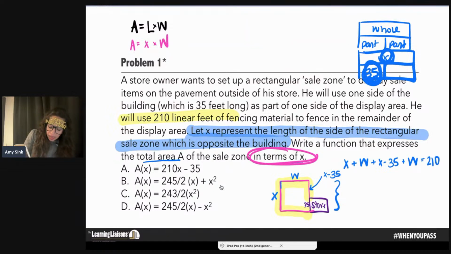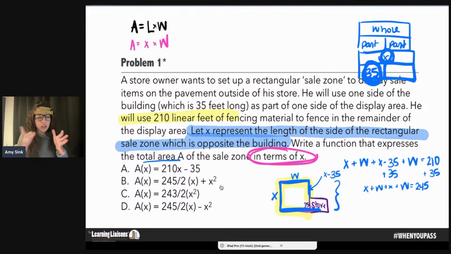Because I did X plus W plus X minus 35 plus W all equals 210. Add 35 to both sides. And I get X plus W plus X plus W equals 245.